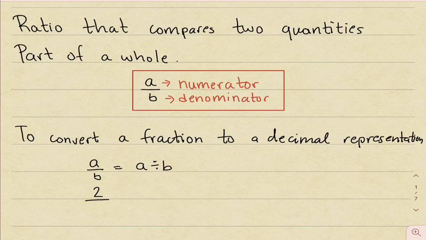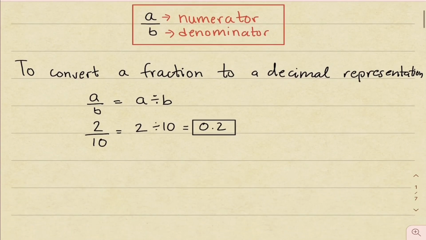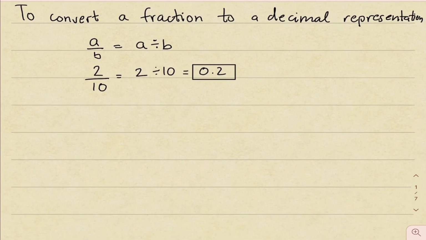So let's say we have 2 over 10. 2 over 10 is the same thing as saying 2 divided by 10, which is just 0.2. So this is how you convert a fraction to a decimal representation. Now let's say I have 1 over 3.